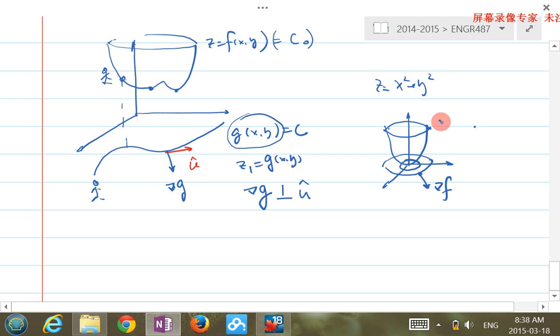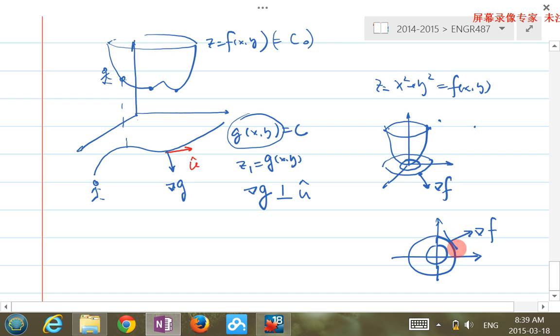So if I look into the xy plane, I see a whole bunch of circles. If I draw a del f, that's the gradient vector.